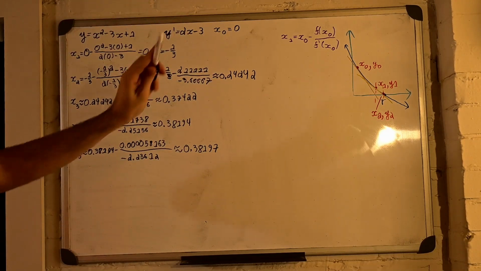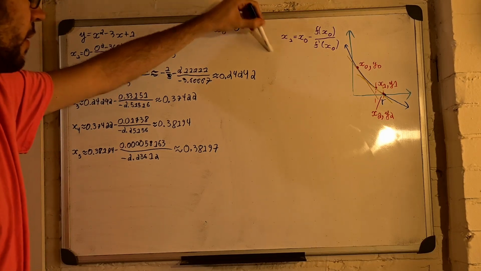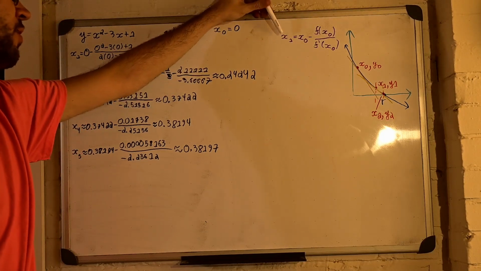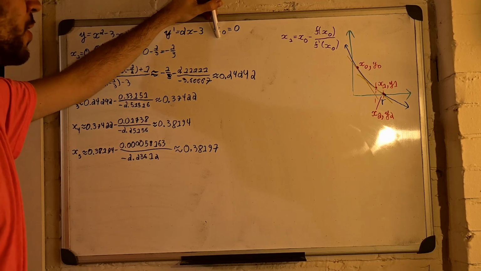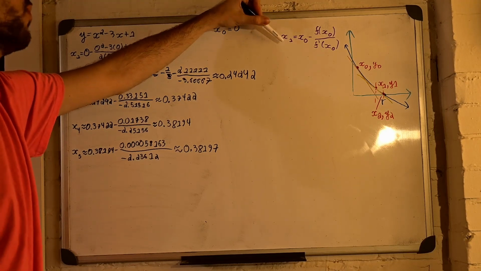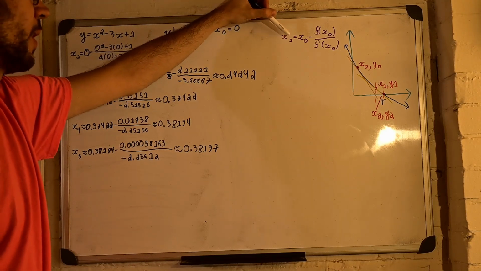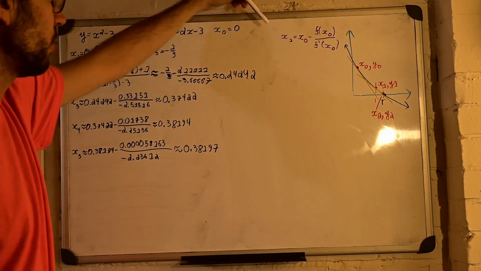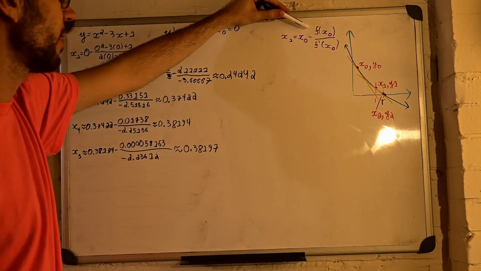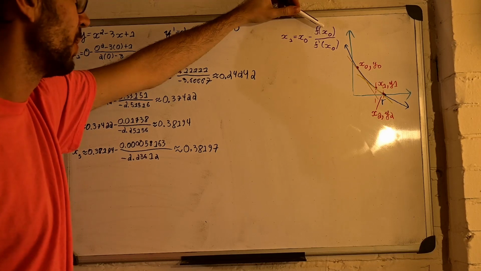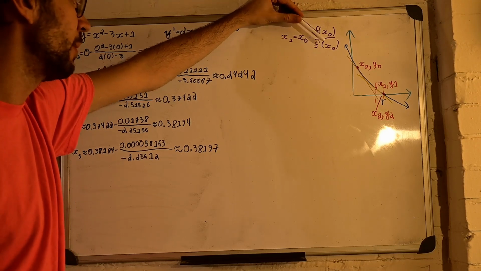And all you do is use this little equation right here. Right now we have x0, and we want to find the next x value, x1. So x1 equals x0, which is 0, minus f of x0 divided by f prime of x0.